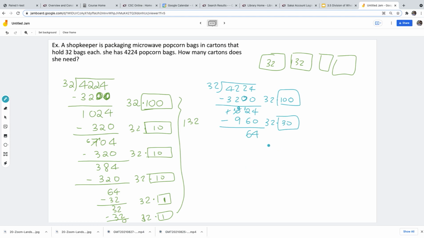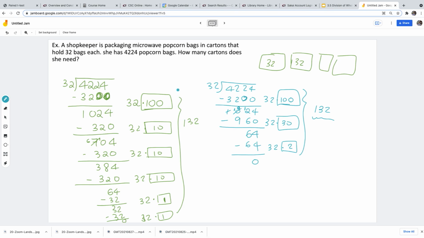And now we know that 32 times 2 cartons will make 64 popcorn bags. If you subtract it, you have 0. How many cartons did we make? We made 100 plus 30 plus 2. So together, that's 132. Still the same quotient as this one, right?